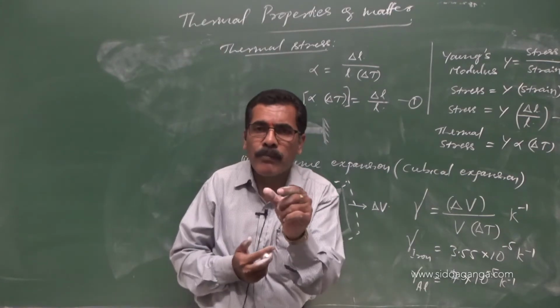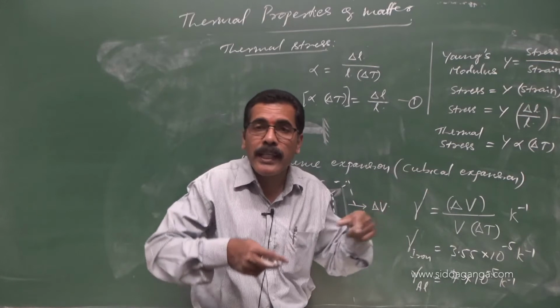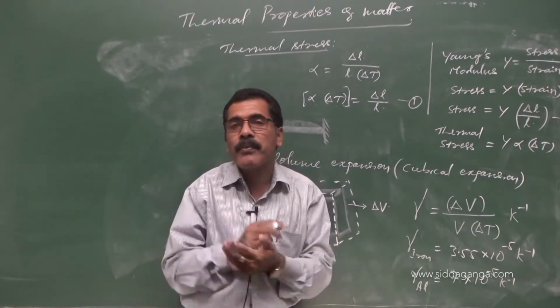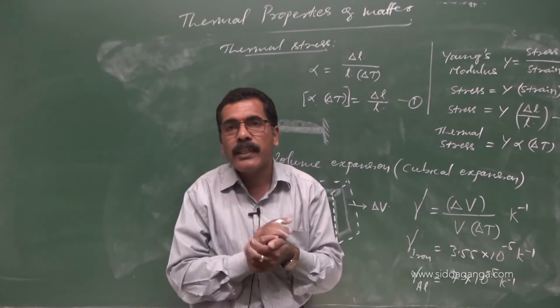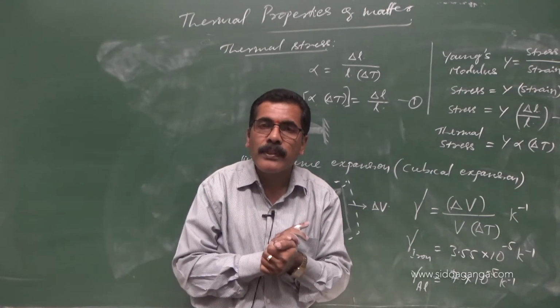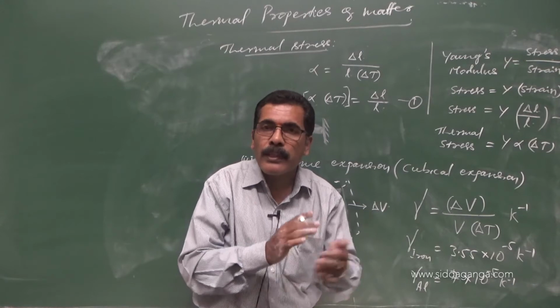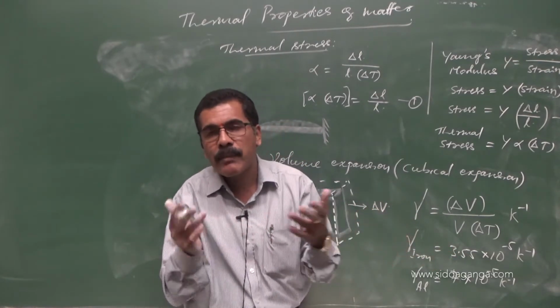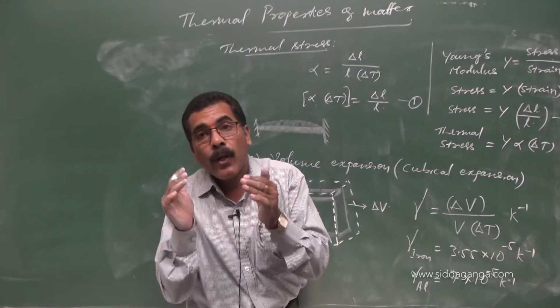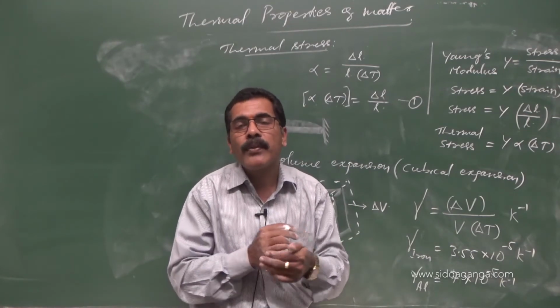If the gap is not provided, then due to thermal stress, the track may bend. If the track bends, then the train will derail. It leads to certain accident. The train wheels will come out of that track. That's why an allocation has been provided for expansion.